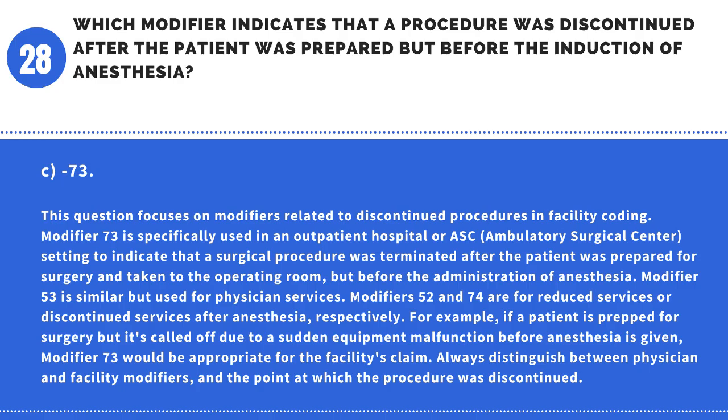Modifiers 52 and 74 are for reduced services or discontinued services after anesthesia, respectively. For example, if a patient is prepped for surgery, but it's called off due to a sudden equipment malfunction before anesthesia is given, Modifier 73 would be appropriate for the facility's claim. Always distinguish between physician and facility modifiers and the point at which the procedure was discontinued.